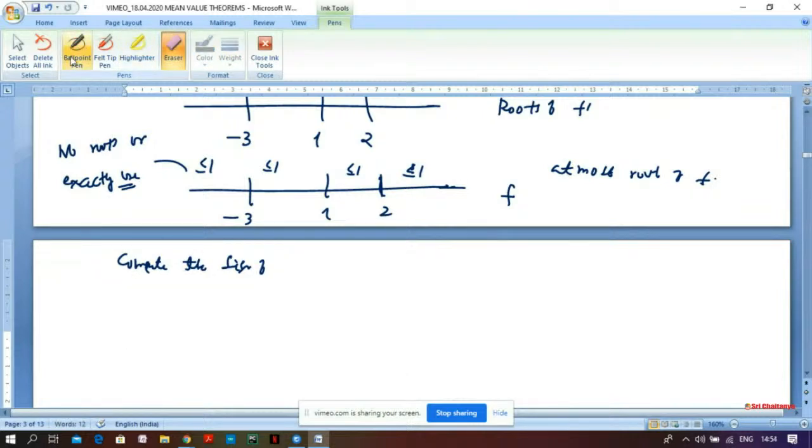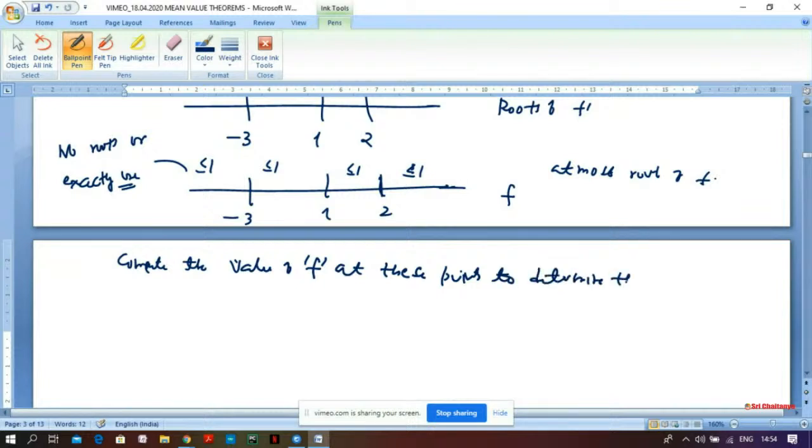So we will compute the values of f at these points to determine the sign. I want the sign, positive or negative. Of course it's not 0, positive or negative I want.